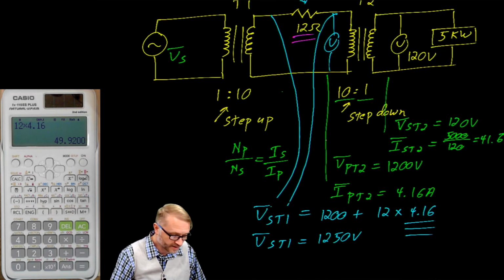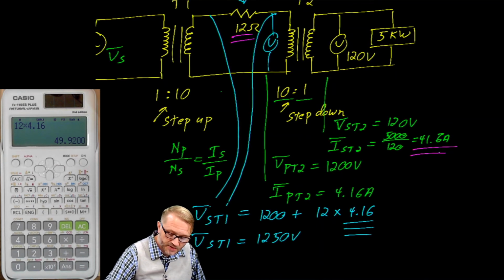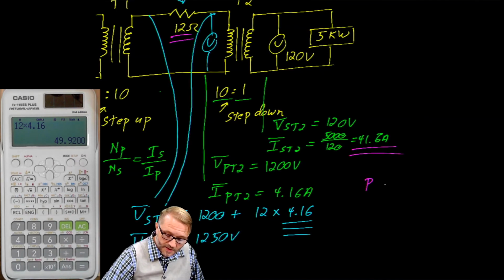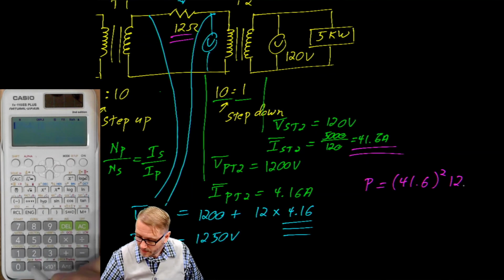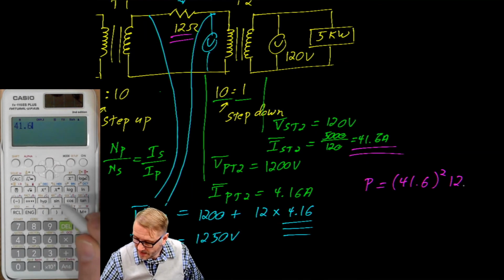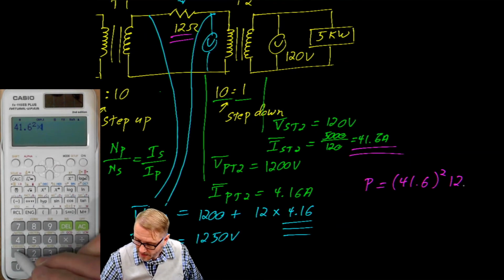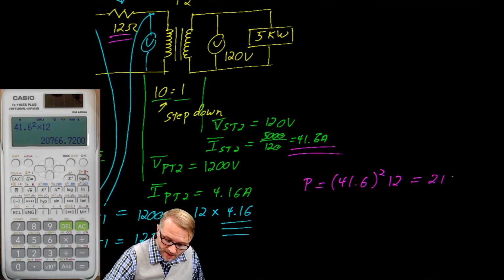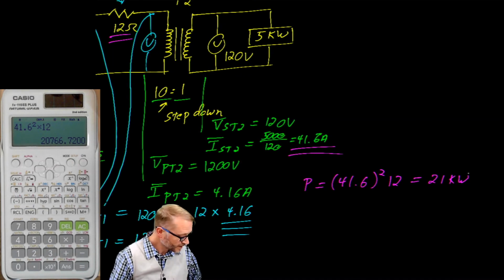In this particular example, if we didn't have the transformer, we would have had to send 41.6 amps across that transmission line. That's going to be a large loss. For example, without it, it would have been 41.6 squared by 12. So 41.6 squared times 12 gives you a power loss of 21 kW.